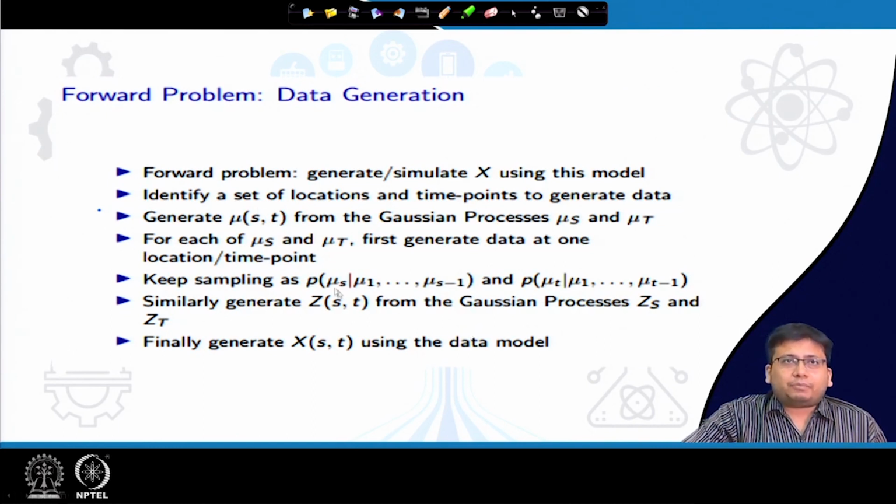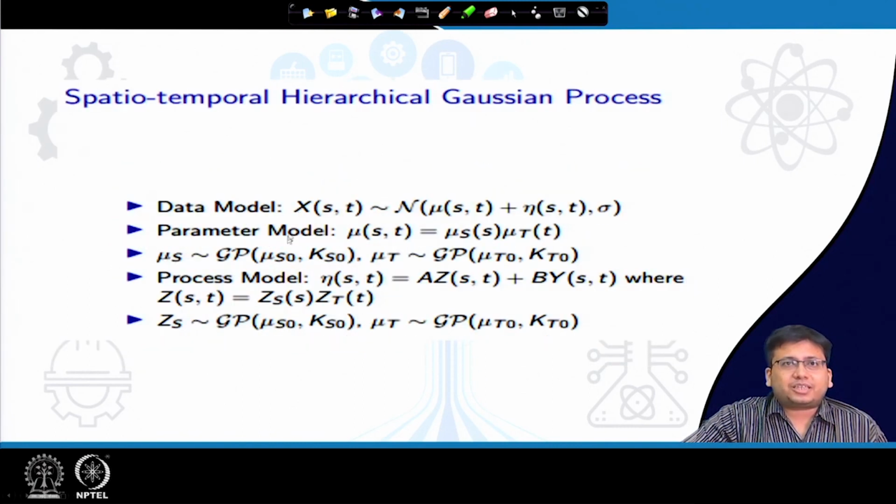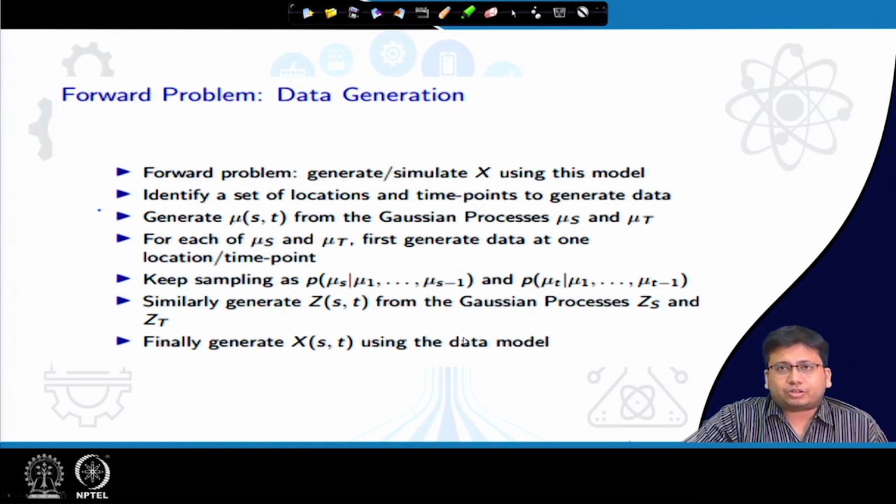Okay. So, now that brings us to the forward problem of data generation, which we have said helps us to create or sample new data or maybe data for the future. So, once we have developed this model by specifying all the hyperparameters of the Gaussian process and so on, by choosing all these covariance functions, the mean function, etc. Choice of these all lies in the hands of the model designer.